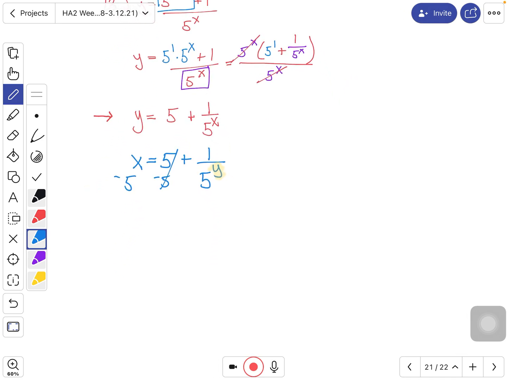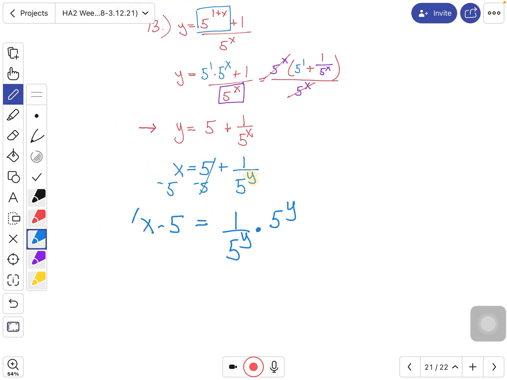So that'll leave me x minus 5 there on the left, and 1 over 5 to the power of y on the right. Still, I need to get this 5 to the power of y by itself. I am going to go ahead and multiply both sides by 5 to the y to get that 5 to the y to pop upstairs.